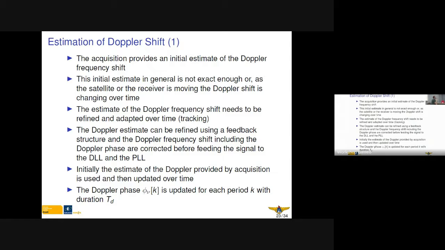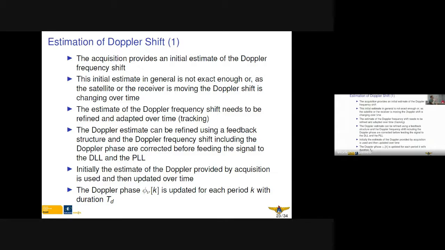The Doppler estimate can be refined using a feedback structure, and we will derive this feedback structure now. The Doppler frequency shift, including the Doppler phase, we will learn in the next slides what this is, are corrected before feeding the signal to the DLL and the PLL, because that's important.